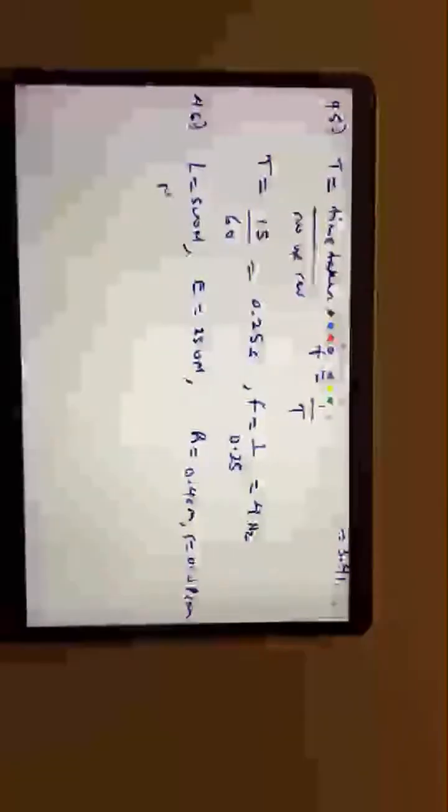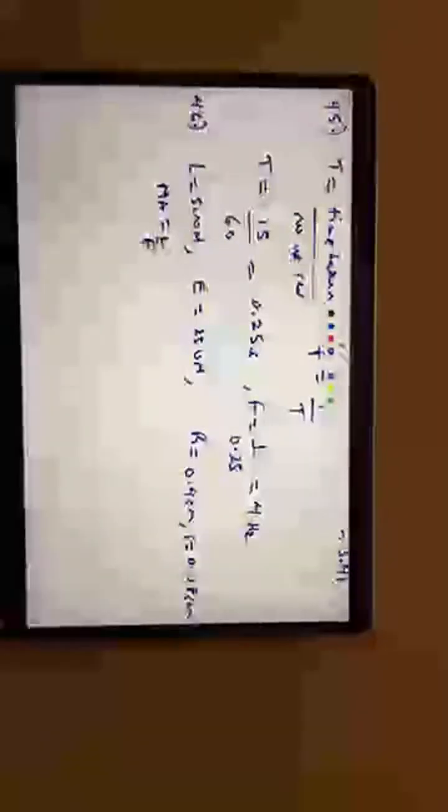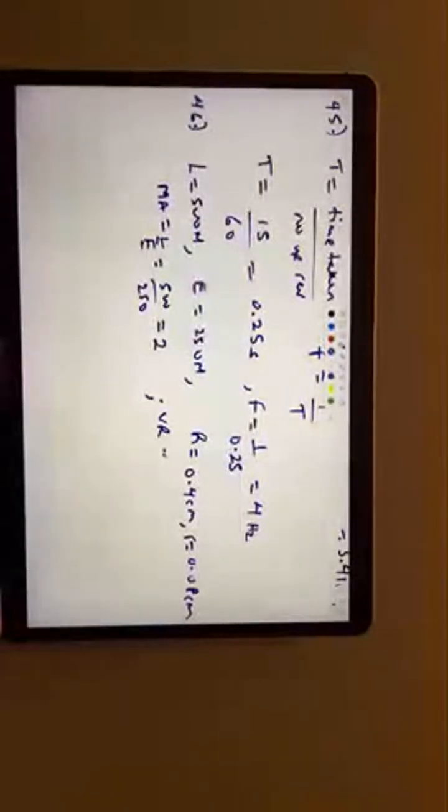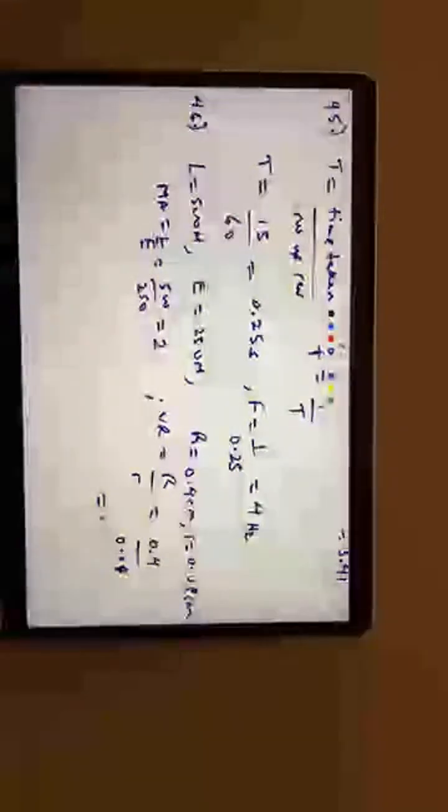So we need to get the mechanical advantage, which is load over effort: 500 over 250, that's 2. We need to get the velocity ratio. Velocity ratio is big R over small r, which is 0.4 over 0.08. So we have 0.4 divided by 0.08, and that's 5.